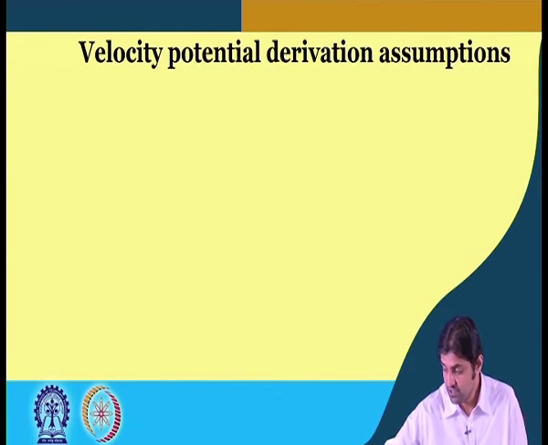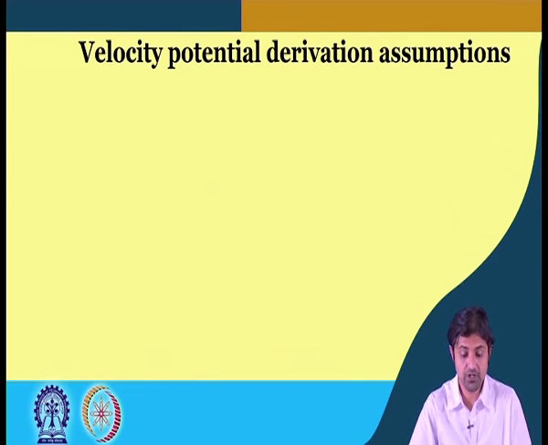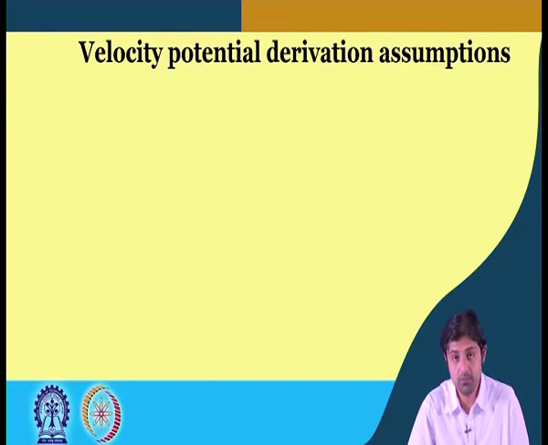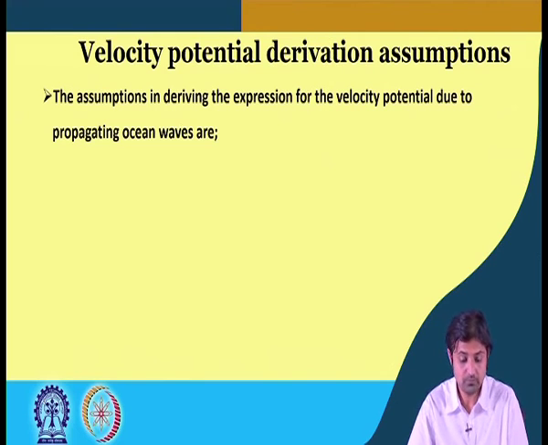Now, after reading the boundary condition, we are getting straight to the derivation of the velocity potential. To derive the velocity potential, there are some assumptions. We started this module by saying that it is an inviscid flow. So, following are the assumptions for deriving the expression for the velocity potential phi, which has much to do with hydraulic engineering or fluid mechanics, and it could be due to anything. In our current case, it is due to the propagating ocean waves.